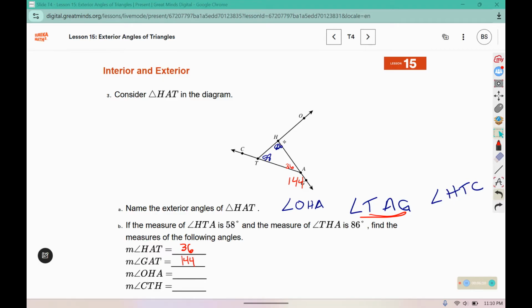OHA, that's this first one here. Well, I have a straight line, so 180 minus the 86. 10 minus 6 is 4. 17 minus 8 is 9.